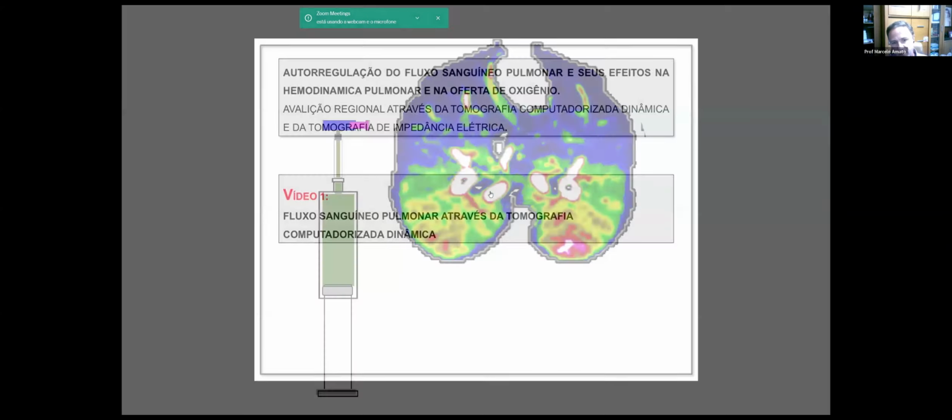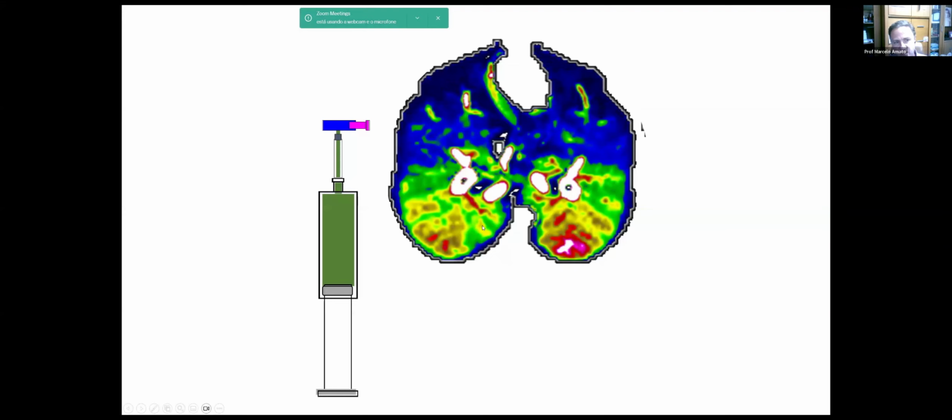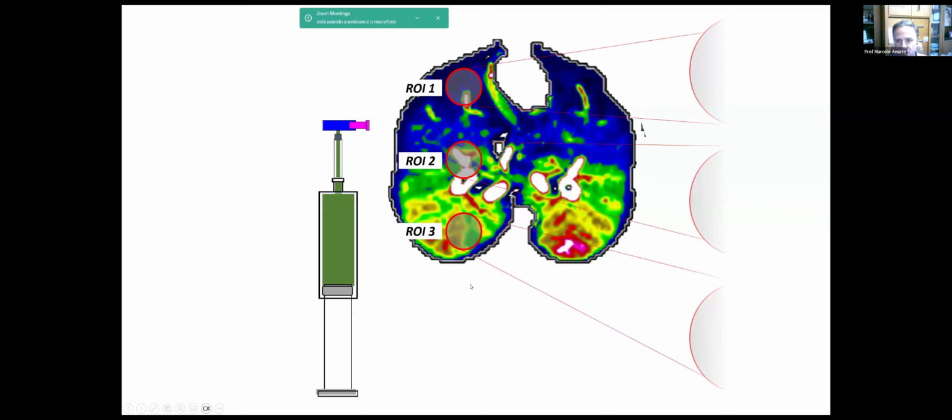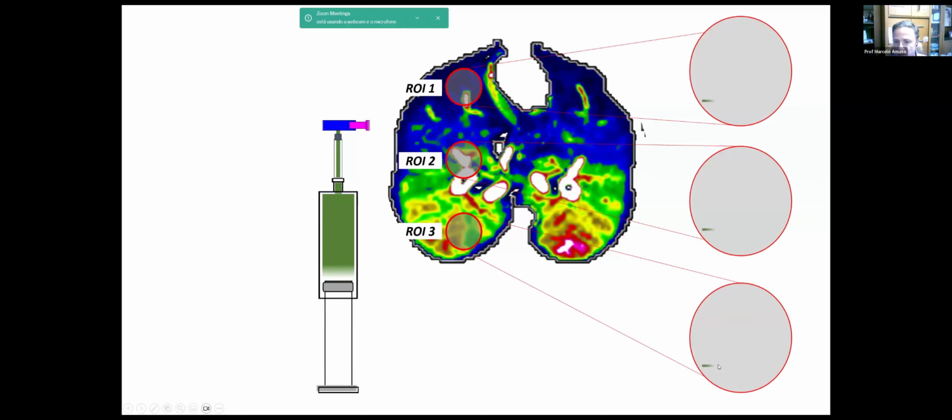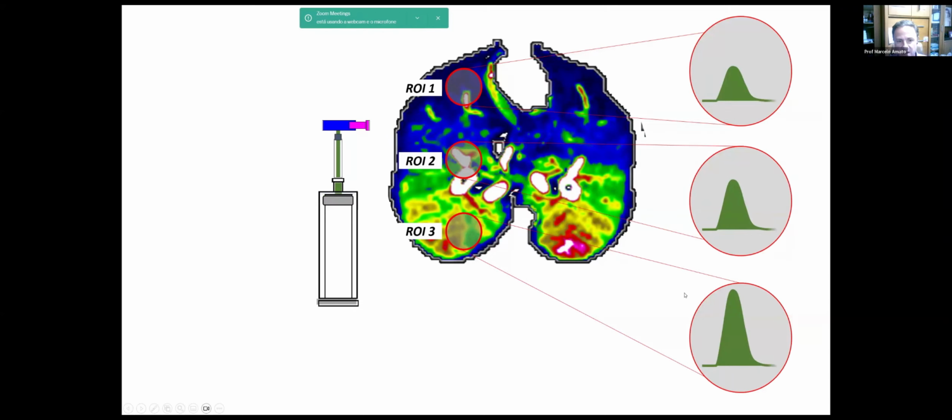And then the pixels in which you have highest perfusion show a higher increase in density, like in this particular pixel here in the image.